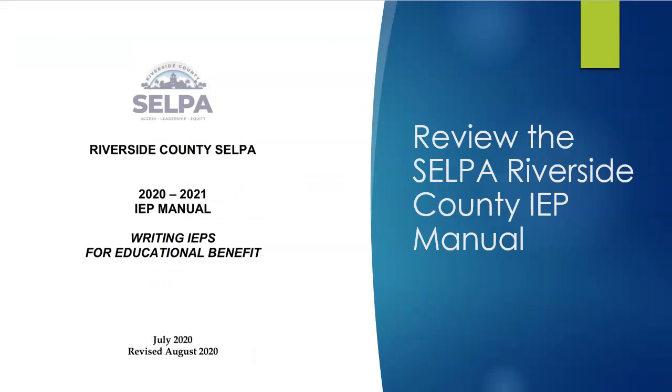This is an excellent manual that I found from Riverside County a few years back when I was doing research on IEPs, because it is very comprehensive. If you're not planning to go into the educational field, then don't spend time on this. However, if you are, download it, have it ready, and familiarize yourself.